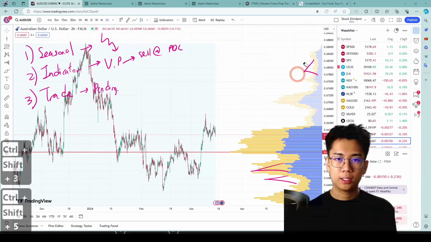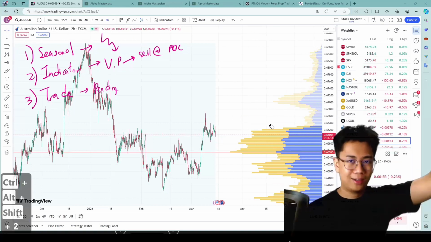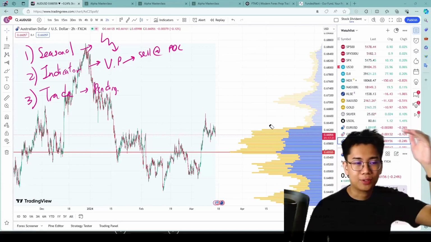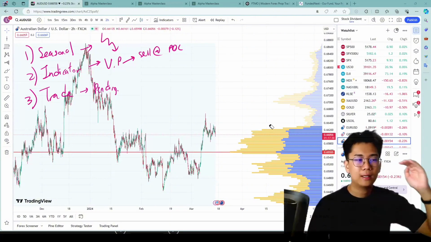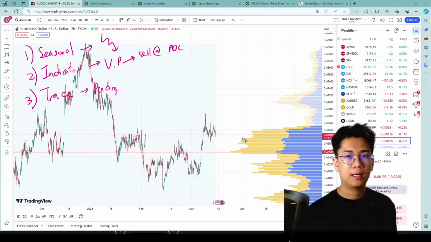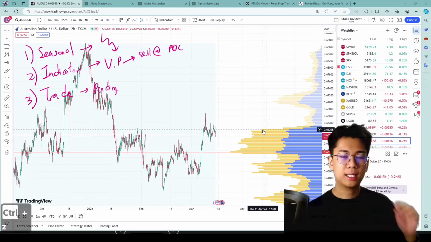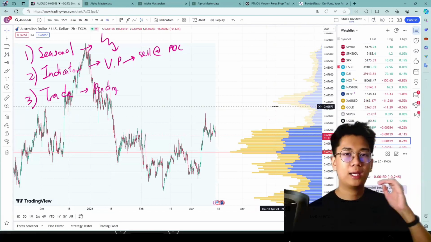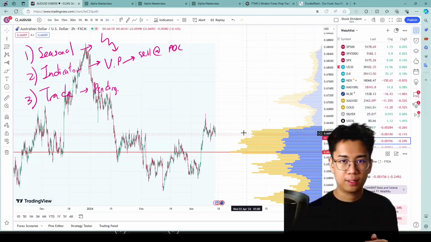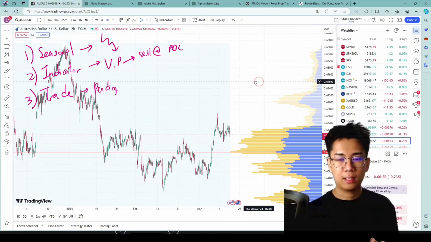Now questions. If you would like to sell, do you want to sell high or sell low? Type high in the chat box. You want to sell at a higher price. So to sell at a higher price, where do you sell? This is the current price. This is the peak.